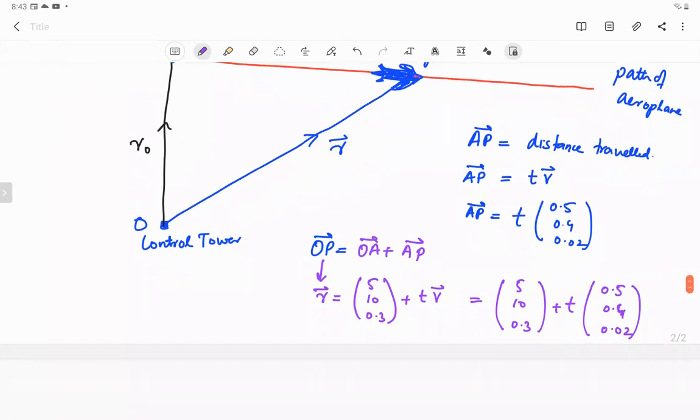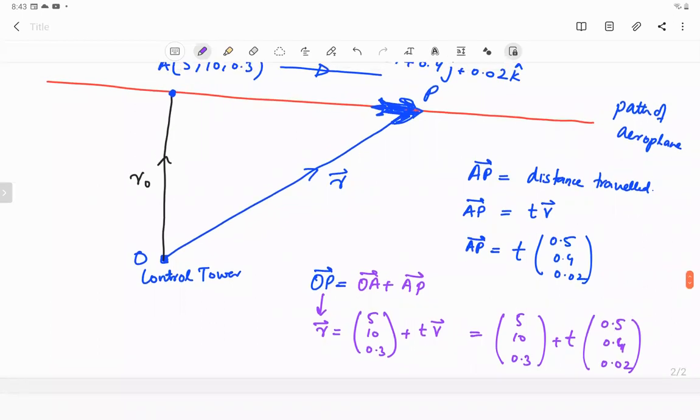This R represents the position vector, this blue vector, the position vector of aeroplane P from the control tower O, and the red is the path that it follows.